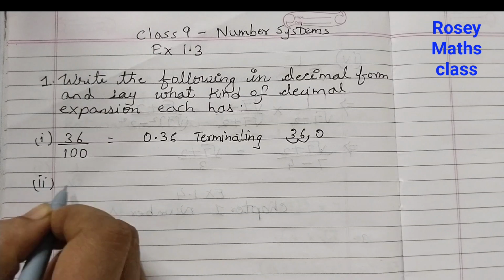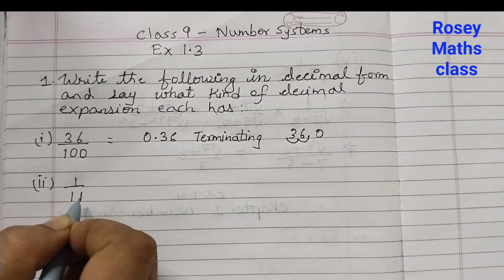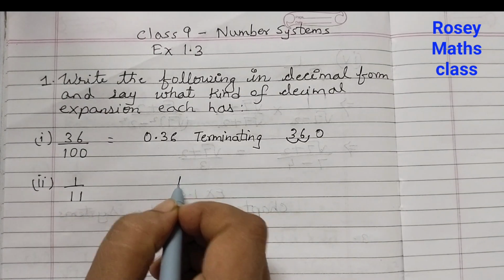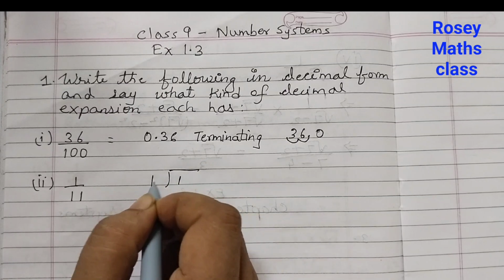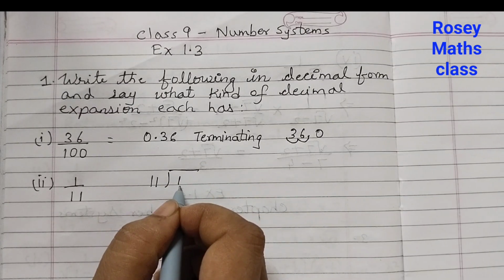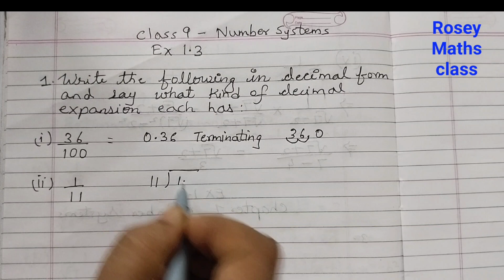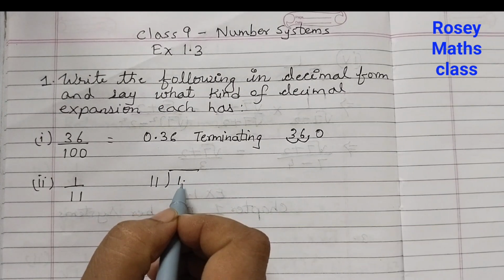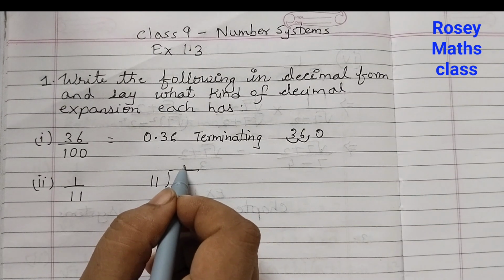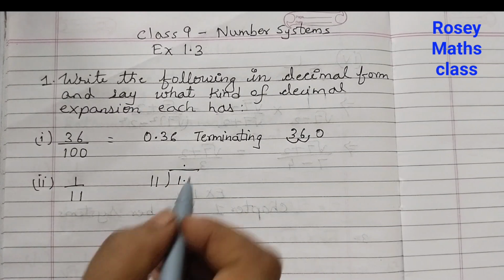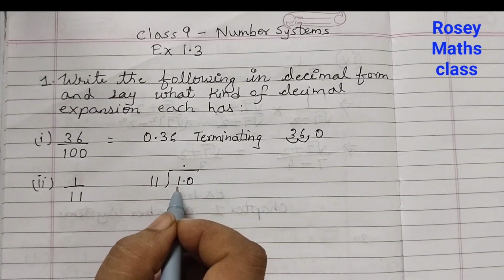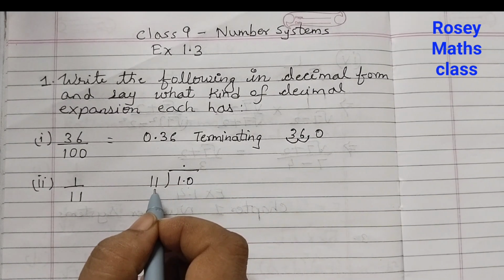Second one, 1 by 11. We need to divide 1 by 11. 1 is a small number, so we put a decimal point here. When you put a point here, you need to put a point here also and place a 0. 10 is still smaller than 11.